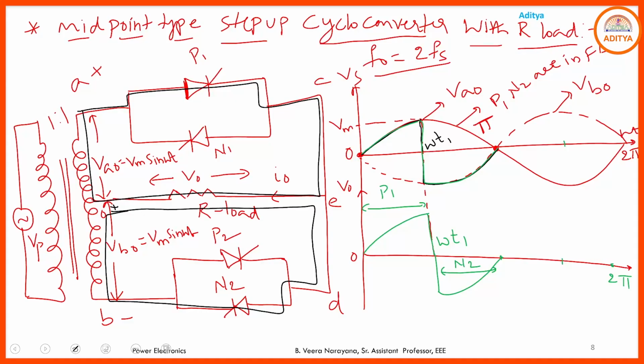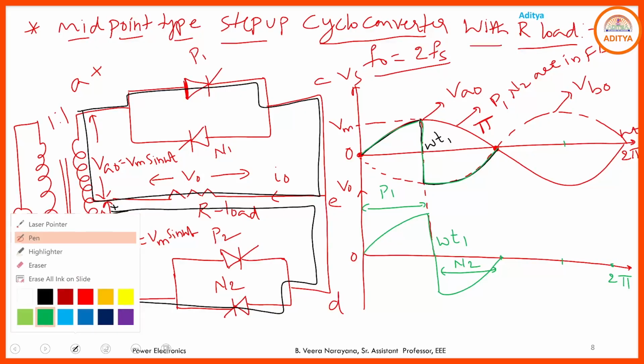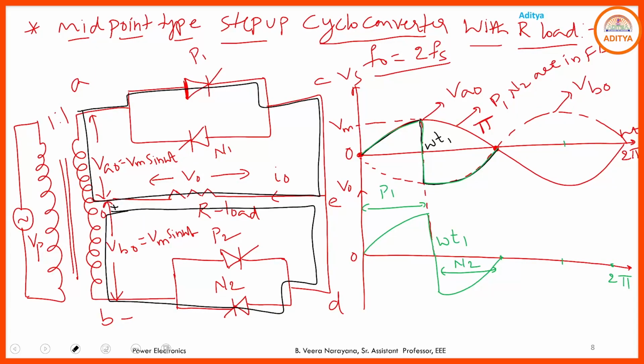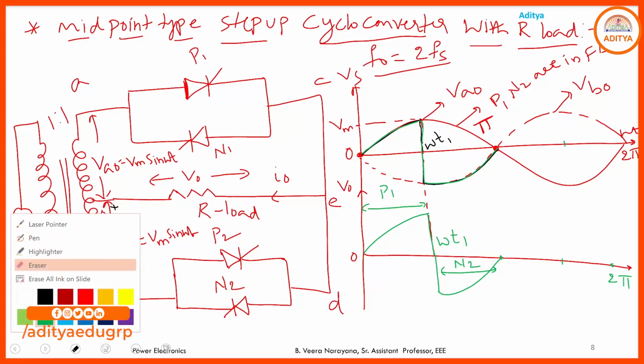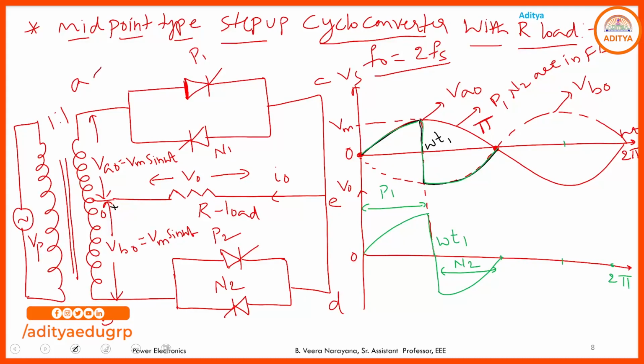So, what happens? During the negative half cycle of the supply, terminal A is negative and B is positive. Corresponding to that, P1 is in reverse bias, N1 is in forward bias, P2 is in forward bias, N2 is in reverse bias.